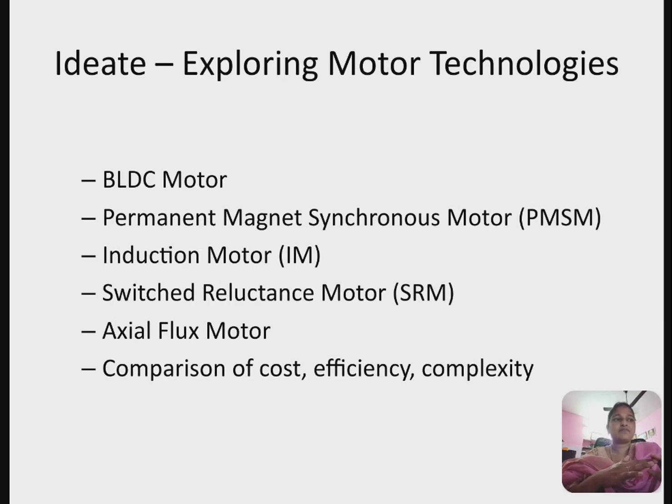The next step is we are going to explore the different motor options we have. As we discussed in the previous video, we have different types of motors like brushless DC motors, BLDC, permanent magnet synchronous motors, PMSM, induction motors, and then switched reluctance motors, axial flux motors, etc. We can compare them based on cost, efficiency, complexity.